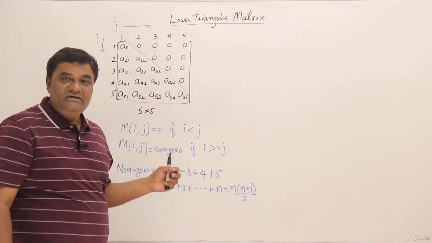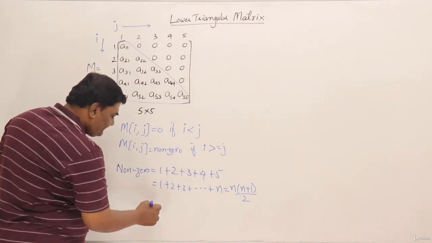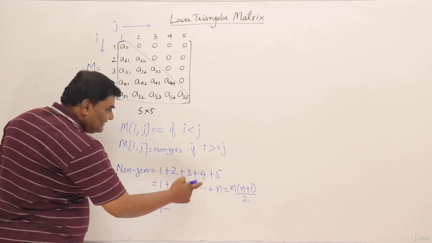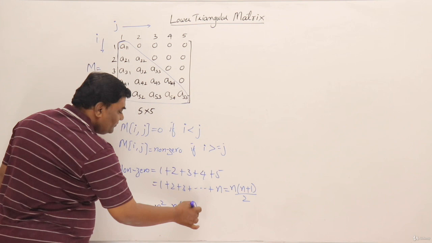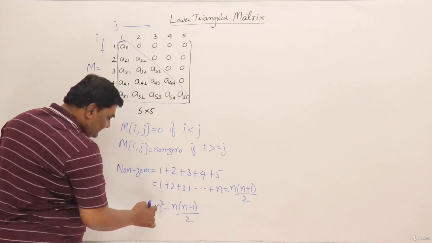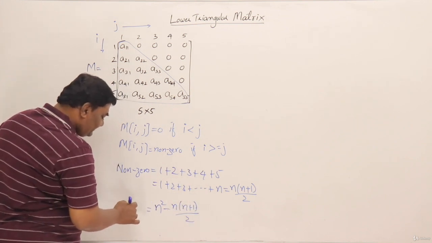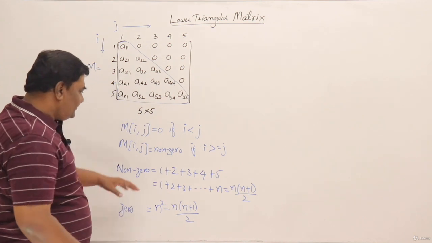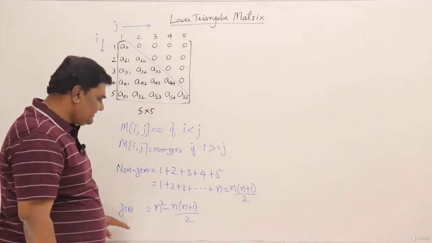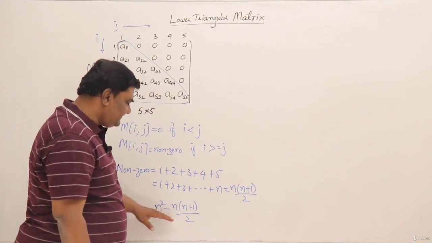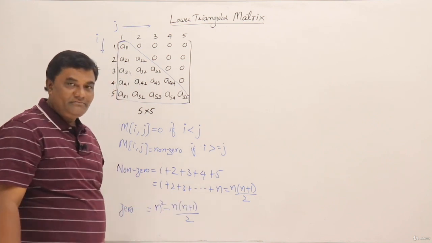In a matrix, total n square elements will be there, n square, and non-zero elements are n into n plus 1 by 2. So if I subtract this, then I get 0 elements. These are 0 elements. So non-zero elements are n into n plus 1 by 2 and 0 elements are n square minus n into n plus 1 by 2.